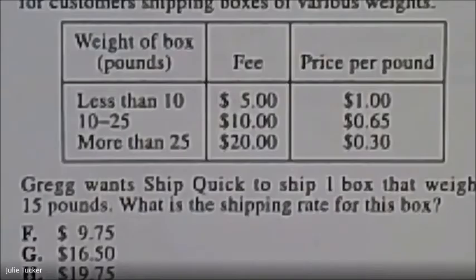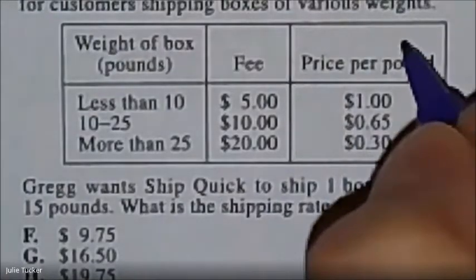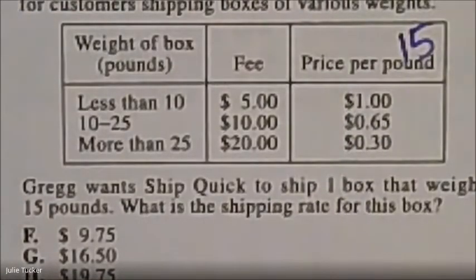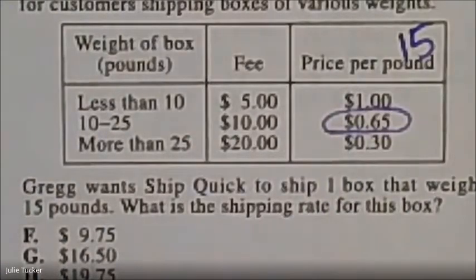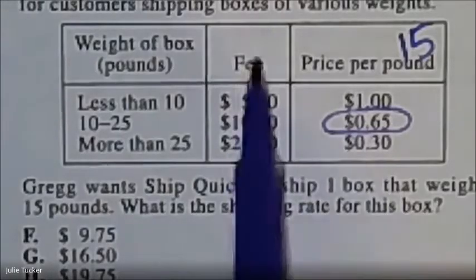Multiply. So we're going to go 15, since the price per pound, there's 15 pounds, right? Yeah. And the price per pound is this. So that gets multiplied, right? Yeah.